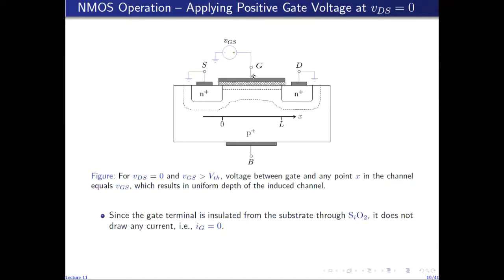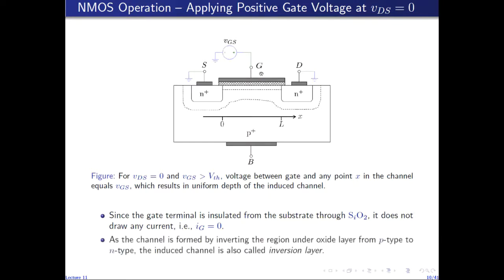Because the gate terminal is insulated from the substrate through this layer of silicon dioxide, it does not draw any current, and we will take the gate current for MOS devices to be zero. Please note that since this channel is formed by inverting this region under the silicon dioxide layer from p-type to n-type, the induced channel is also sometimes referred to as the inversion layer.